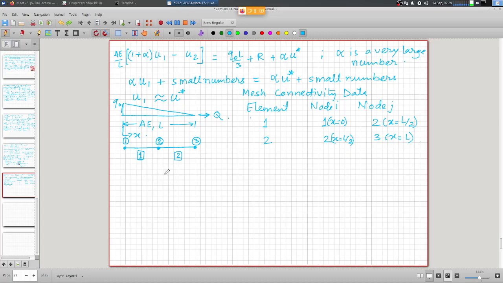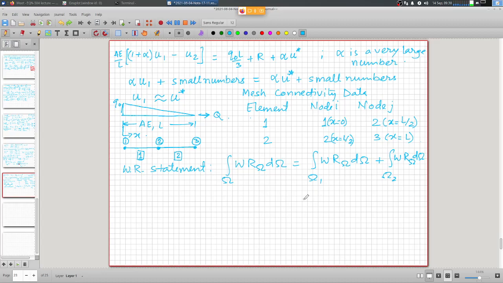So let's take element 1. So the weighted residual statement over the entire domain is given as the weighted residual statement over element 1, omega 1, that's the domain of element 1, plus the weighted residual statement over the domain 2, omega 2, domain of element number 2.